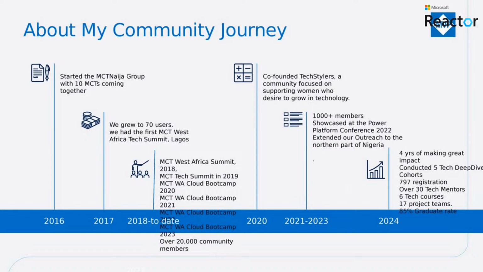Our next summit is actually happening in Ghana, because it's a West African thing. One of the big things for me in the community was during the COVID period. Like I said, there was that sense of giving back, that sense of community passion, seeing people staying at home and all of that.